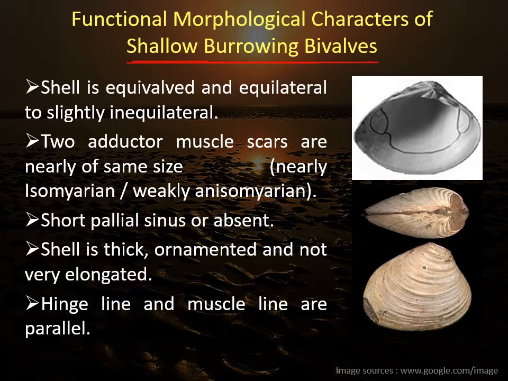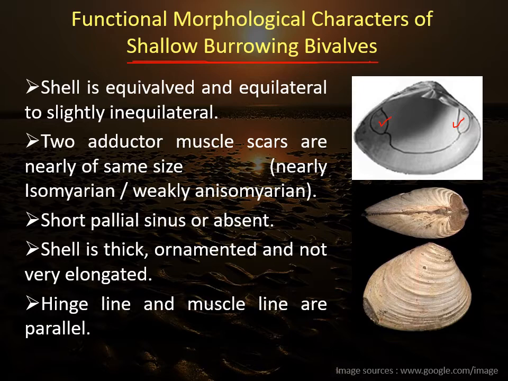So here, as you can see, there are two muscle scars. One is here and this here, and they slightly differ in size. So you can tell that they are weakly anisomyarian. That is not a very pronounced difference in size.